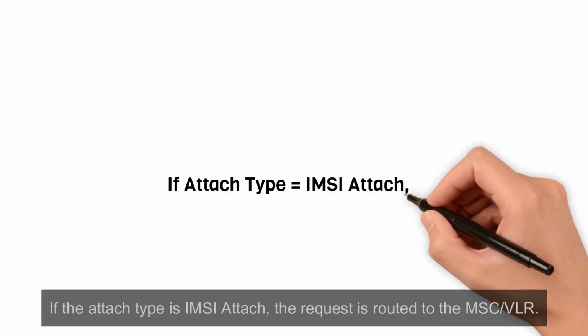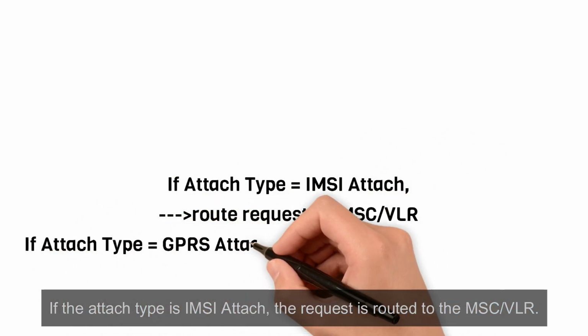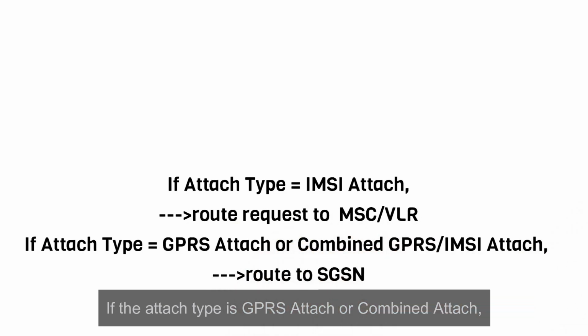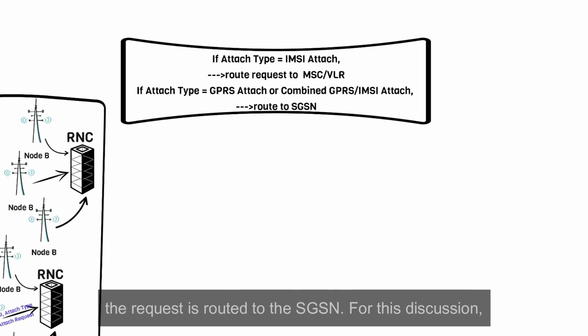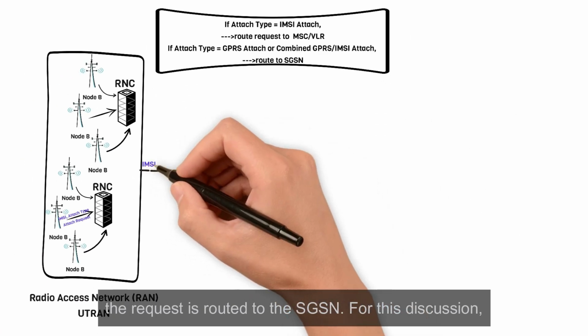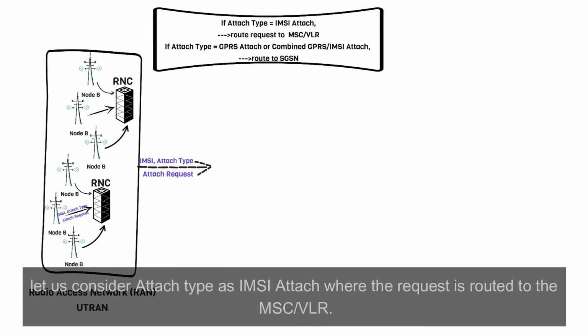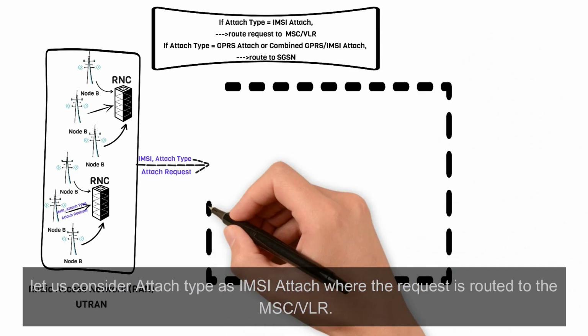If the attach type is IMSI attach, the request is routed to the MSC/VLR. If the attach type is GPRS attach or combined attach, the request is routed to the SGSN. For this discussion, let us consider the attach type is IMSI attach, where the request is routed to the MSC/VLR.